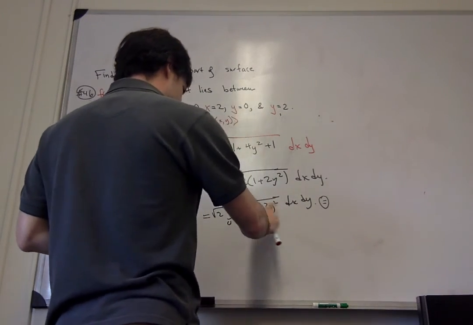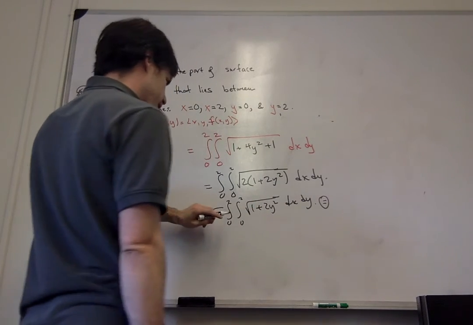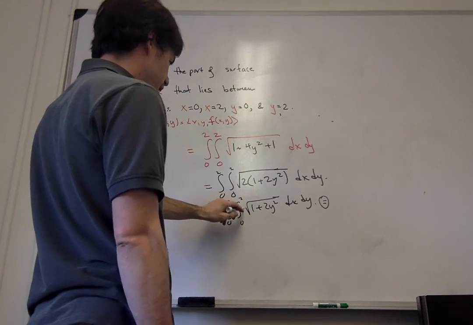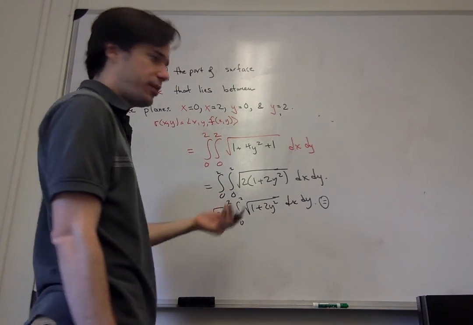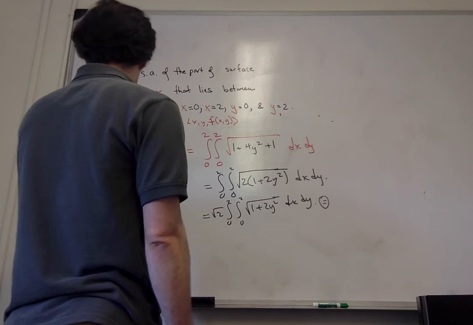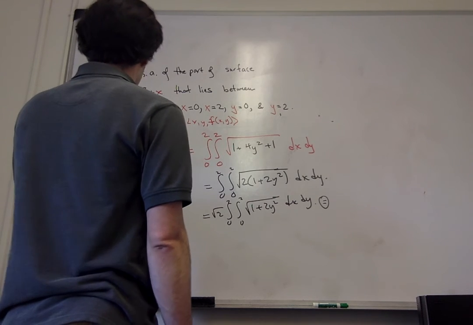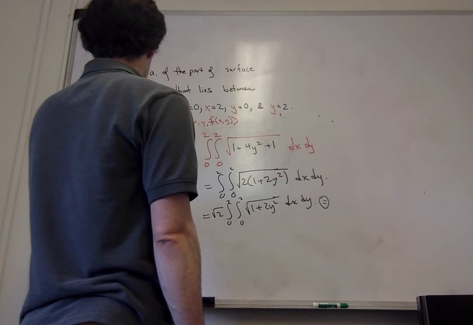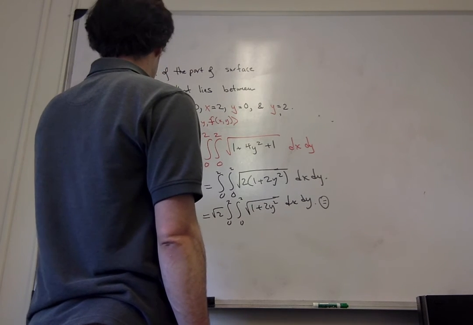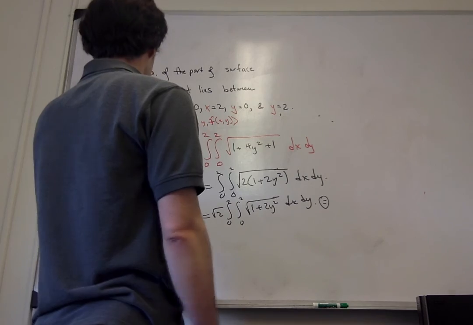So when I integrate with respect to x, I pick up an x, and then I evaluate that between 2 and 0, so I pick up a 2. So that'll be 2 square root of 2, integral from 0 to 2 of the square root of 1 plus 2y squared dy.